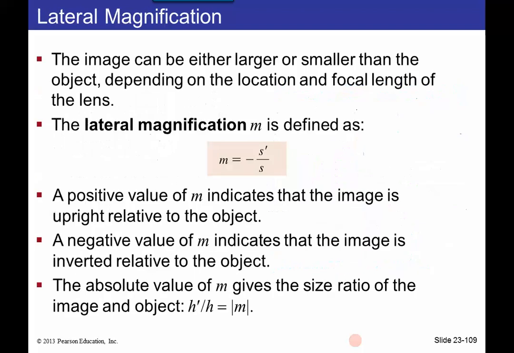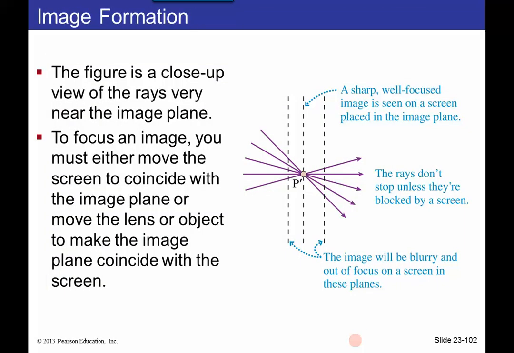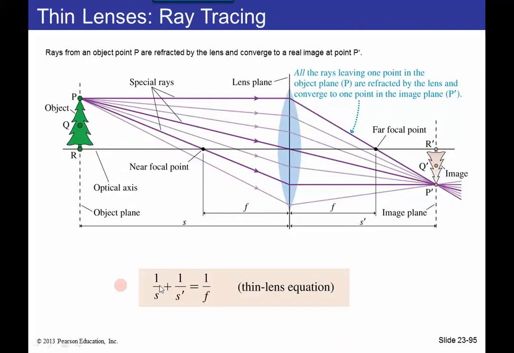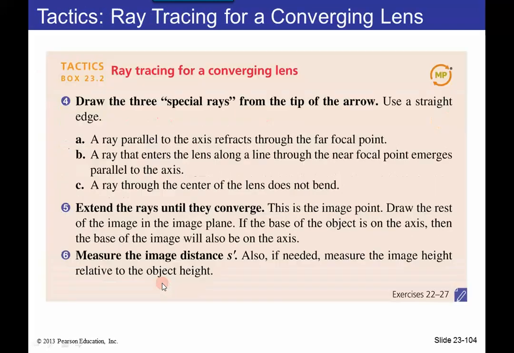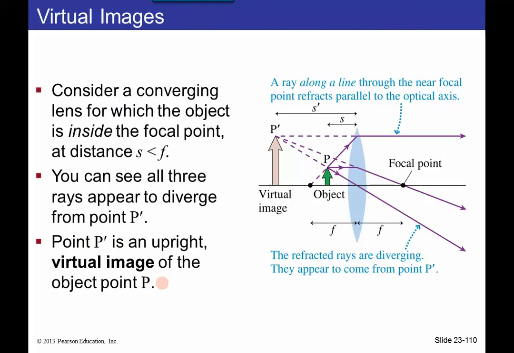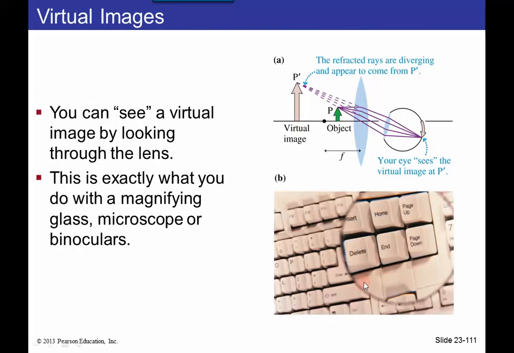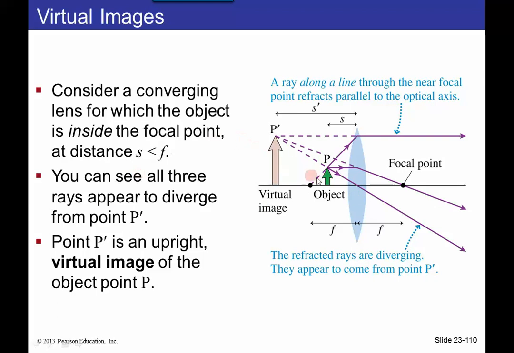Okay, so now we know the thin lens equation, which is given here, and we know also how to calculate the magnification. So what happens to the virtual image then? Well, imagine that you have this object here, and then you put a lens here and you want to see on the other side. You're looking here.